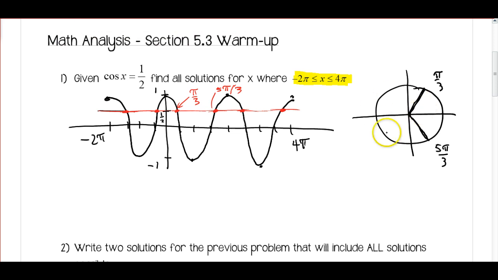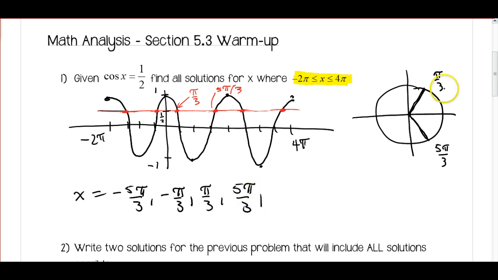So I'm going to go one more time around my circle positive, then I'm going to go around my circle negative. So the one more time positive will give me these 2, and my one time negative will give me those 2. So x is going to equal, if I went backwards this way, negative pi over 3, and negative 5 pi over 3. So I've got negative 5 pi over 3, negative pi over 3, and then pi over 3, 5 pi over 3.